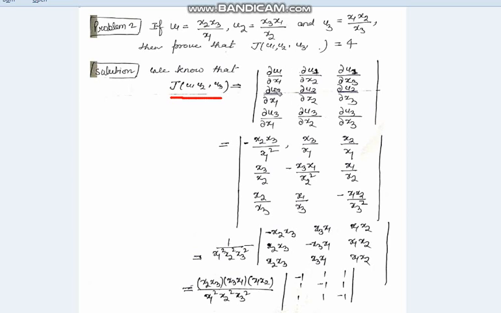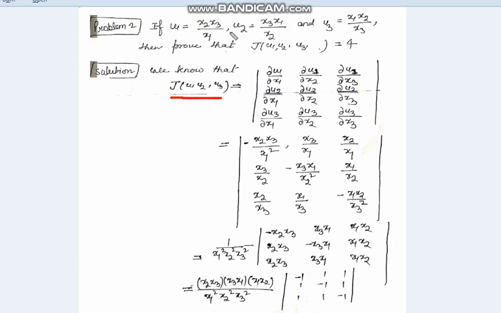So first of all, we will partially differentiate u1 with respect to x1, treating x2, x3 as constants, and we know that the derivative of 1 upon x is equal to minus 1 upon x square. So here it is minus x2 x3 upon x1 square.